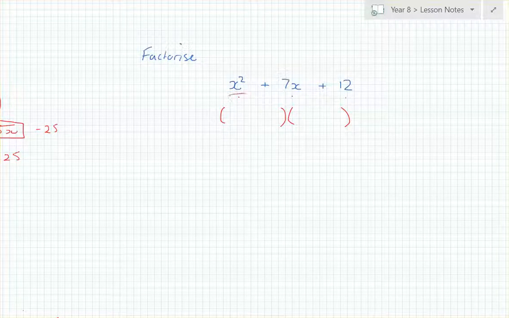And because it's x squared, we know it's x and x. Now we follow our other rule, which is the 2 numbers multiplied to make 12. So it's either 1 and 12, 2 and 6, or 3 and 4. But only one of those pairs adds up to make 7, which is 3 plus 4. Therefore, it must be plus 3 plus 4.